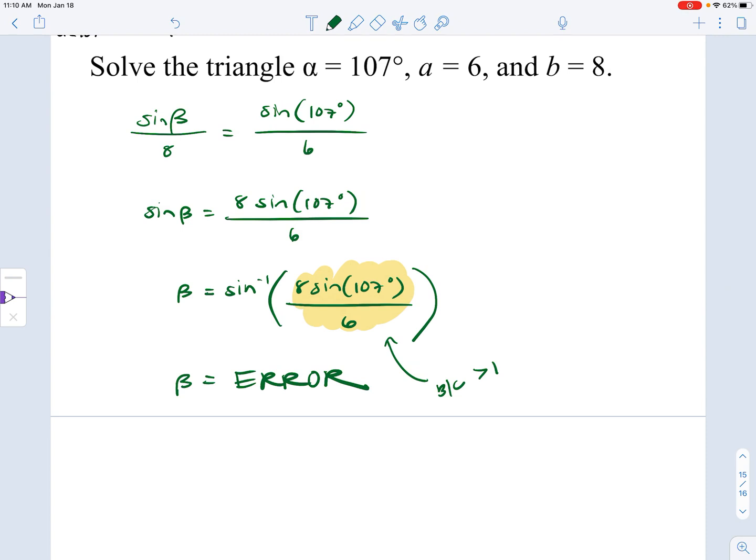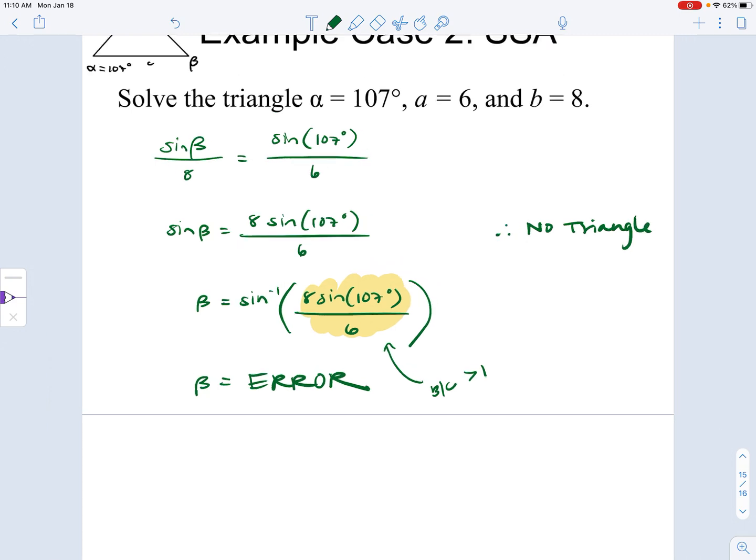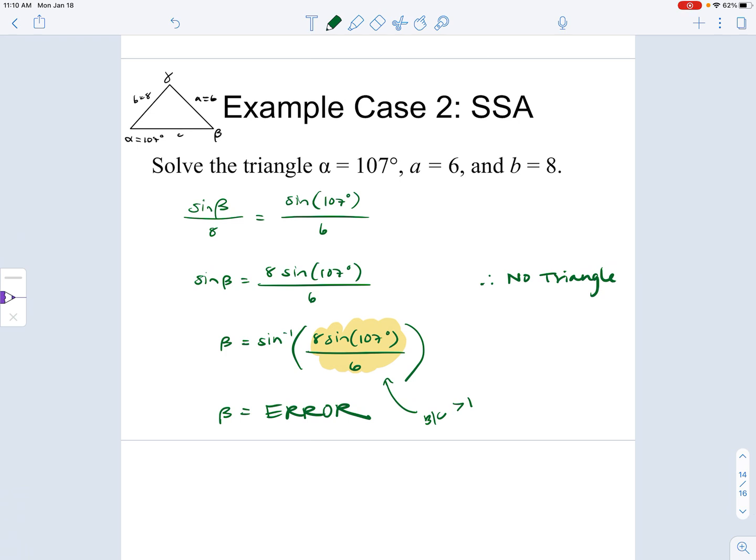It never goes above 1 or below -1. We'll talk about that more as we study the graphs of the trig functions and talk about the inverse trig functions more in depth. But we get this error message. This means there is no triangle. Therefore, no triangle exists with this given information.